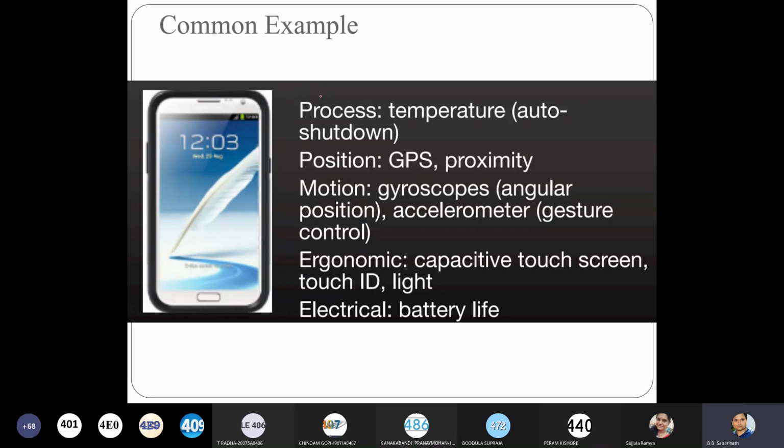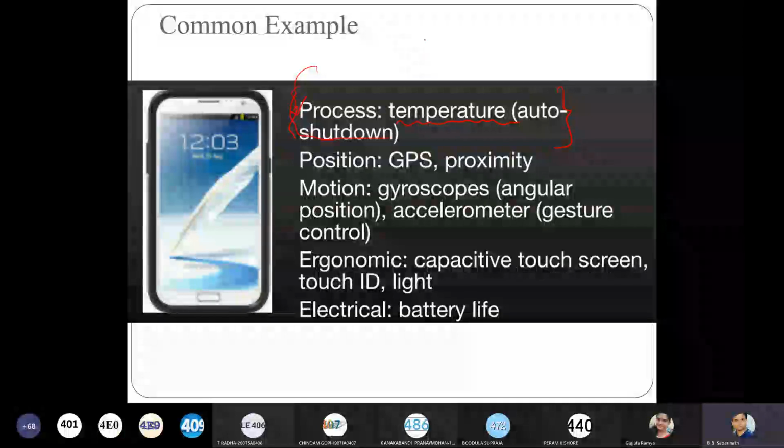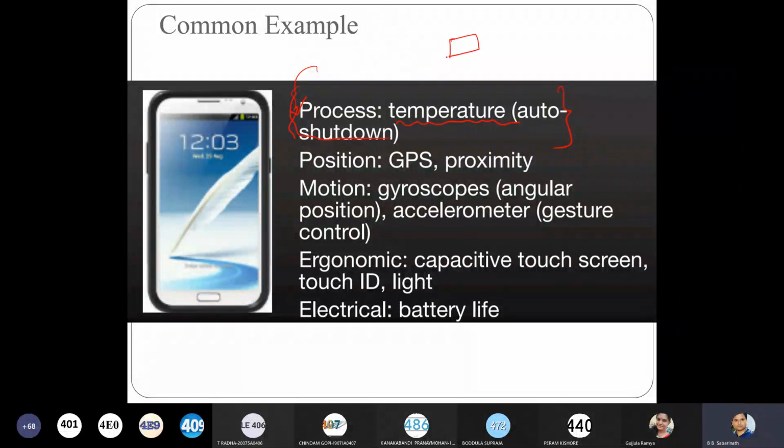Take the case of a smartphone. In a smartphone, you have many sensors, for example a temperature sensor. What is this temperature sensor doing in your phone? For example, you keep your phone in the hot sun, exposed to a huge temperature.